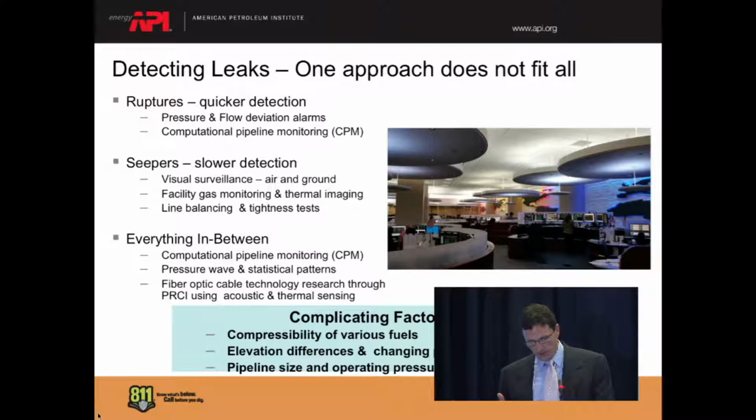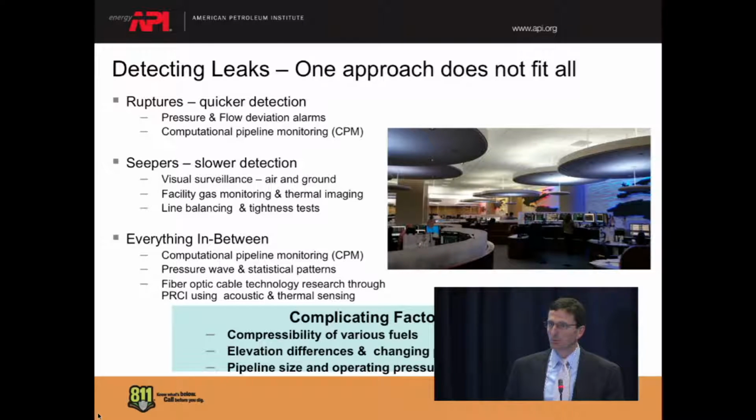The category of seepers, we've heard a little bit about seepers. You typically have a slower detection on seepers. Some techniques used for detecting seepers are visual surveillance, whether from the air or ground surveillance. Also within facilities, we can have gas vapor monitors to detect hydrocarbons.